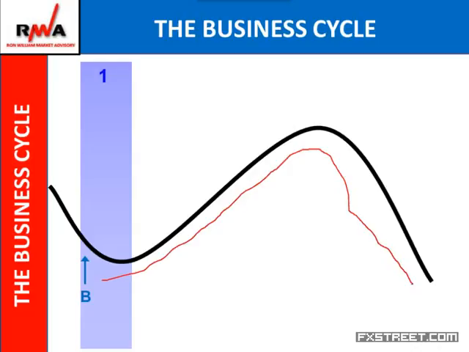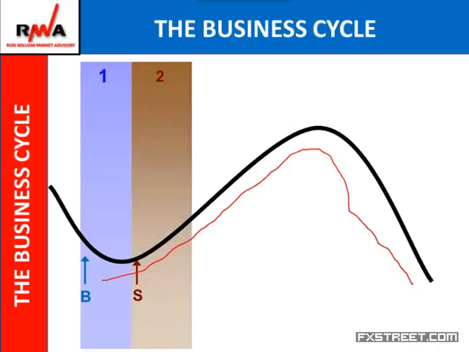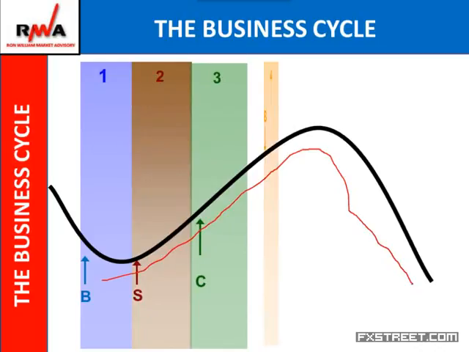So stage one, bonds tend to be a positive investment. Stage two, stocks start to pick up and give you a bit more profit potential. Stage three, commodities tend to pick up, and then stage four, bonds actually start to turn around.